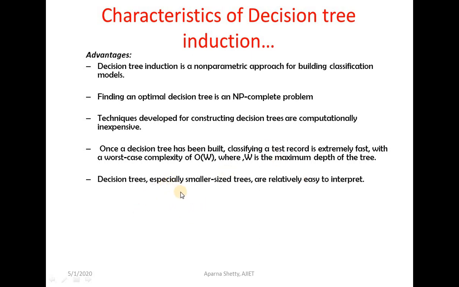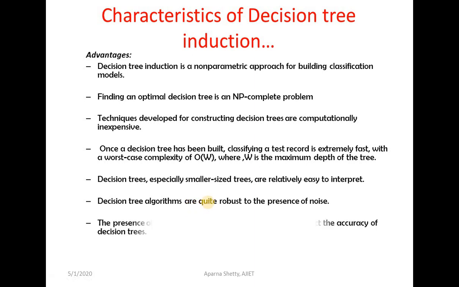Decision trees, especially smaller sized trees, are relatively easy to interpret. Decision tree algorithms are quite robust to the presence of noise. The presence of redundant attributes does not adversely affect the accuracy of decision trees.